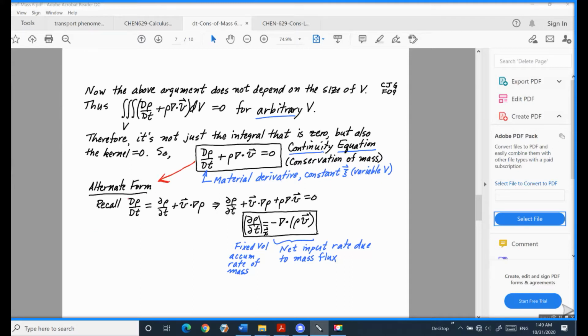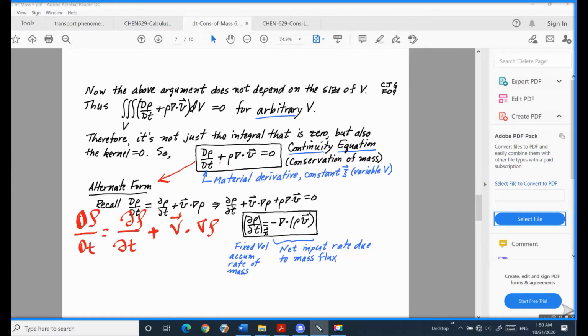The open form is d rho over dt, the substantial derivative, is equal to the partial derivative of rho with respect to t plus v, the velocity, dotted with the gradient of rho. So this is the open form of that.